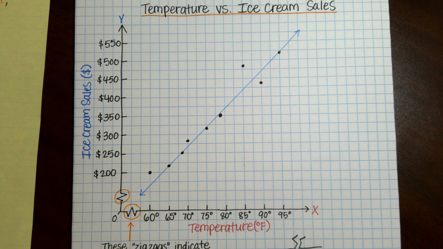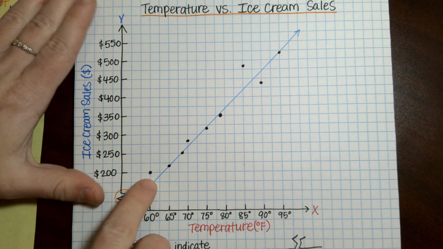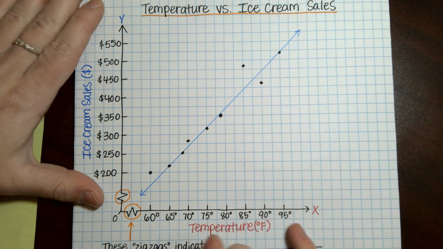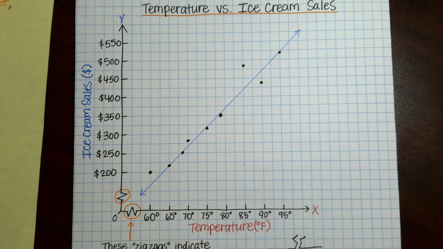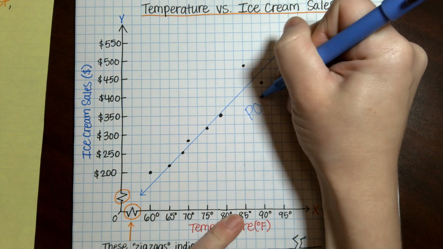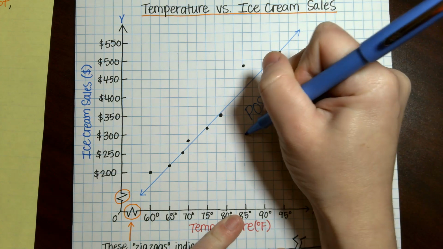So, we're going to talk today about a word that we're going to use to describe this type of situation. We would say that since there seems to be a trend, since we can tell that as the temperature rises, the ice cream sales also rise, we would say that these variables, temperature and ice cream sales, have a positive correlation.